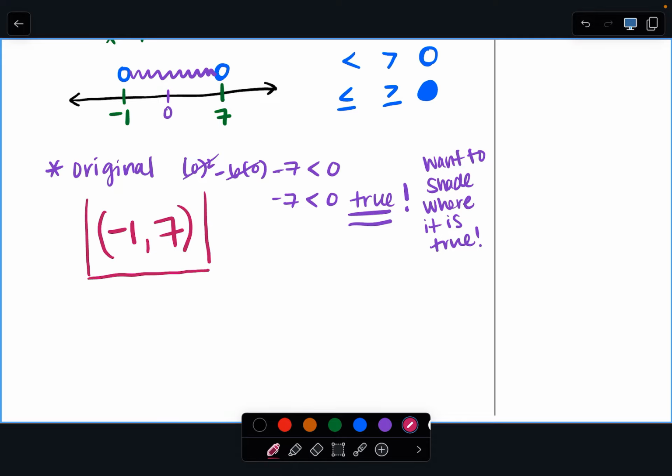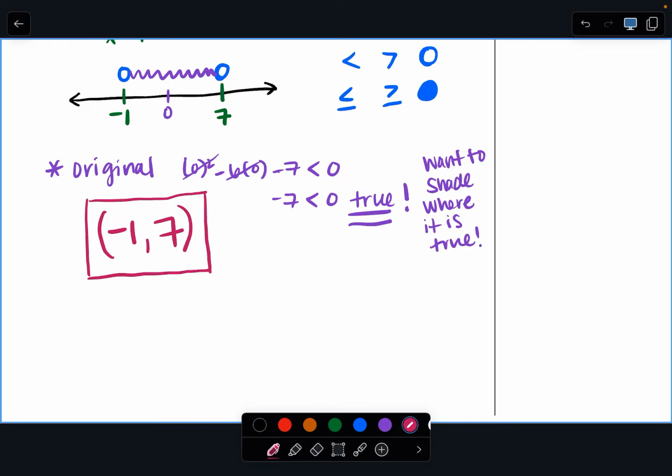In questions like this, you will not have parentheses and brackets together. They're either both parentheses or both brackets. The only time you'll have a parentheses and bracket together is if you're going to an infinity, which we'll see in just a second. So this is my final answer. We're going from -1 to +7. Any questions so far?